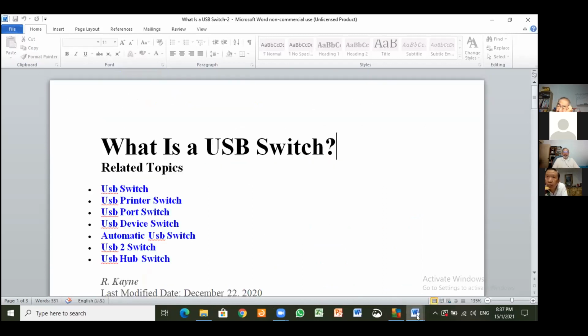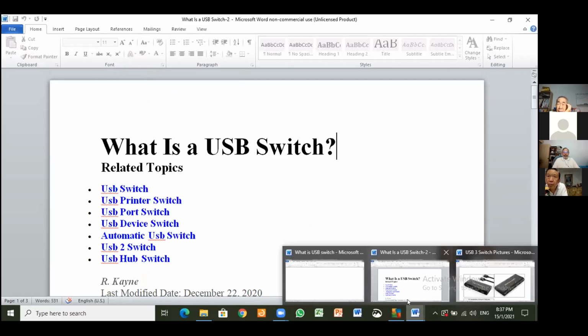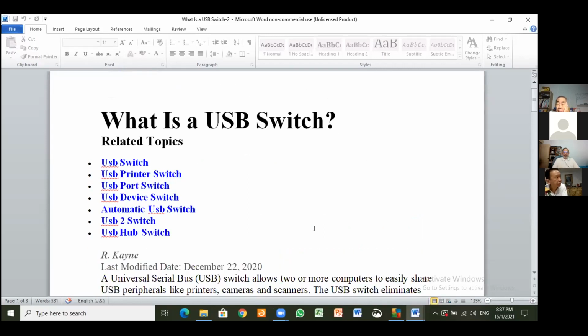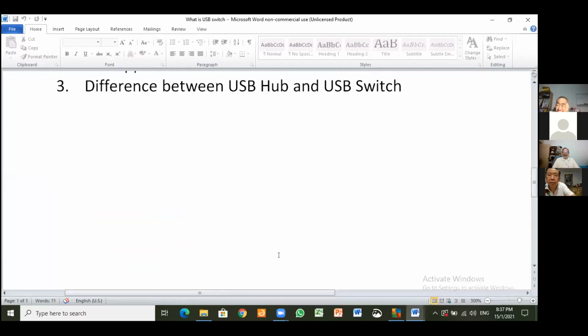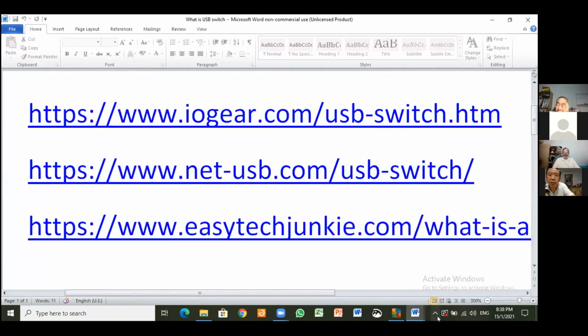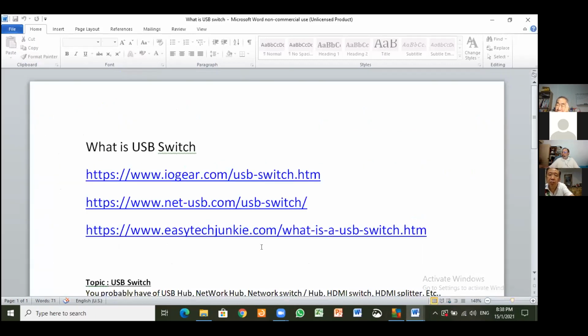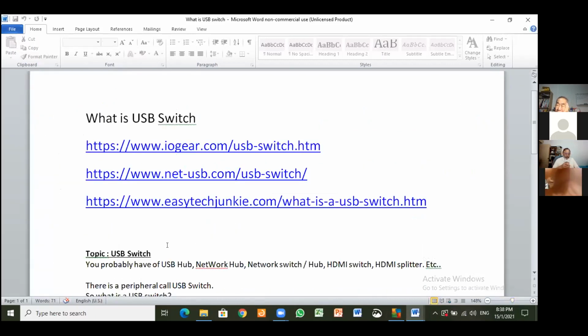The other slide I made down here. All this information I took from these three websites: IO Gear, USB switch and USB net.